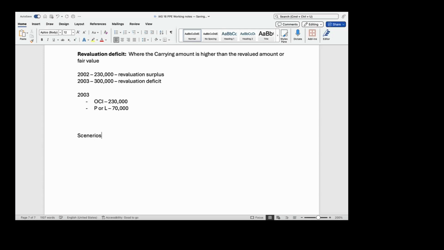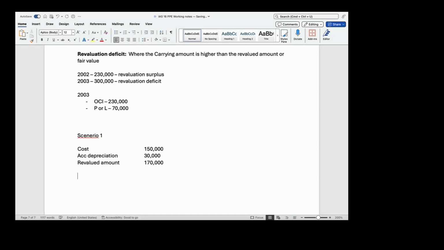Let me give you three scenarios. Scenario one, if you have cost of an asset of 150,000 and you have accumulated depreciation on that same asset of 30,000, and you then revalue the asset, so you have a revalued amount of 170,000.